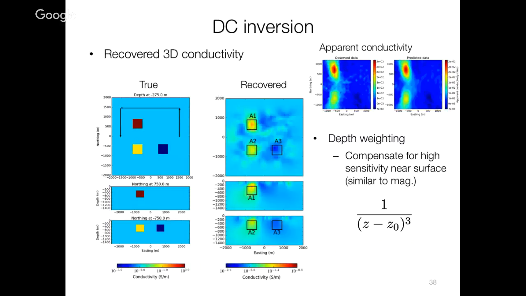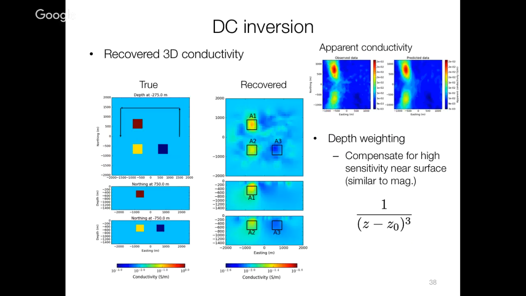So let's suppose I do the DC inversion. So I take the DC data, and now I'm going to invert those. And here's my recovered model. So this is in plan view, that's in cross section. So we see we do not a bad job of recovering the highest conductivity. That's an intermediate, and that's a resistor.